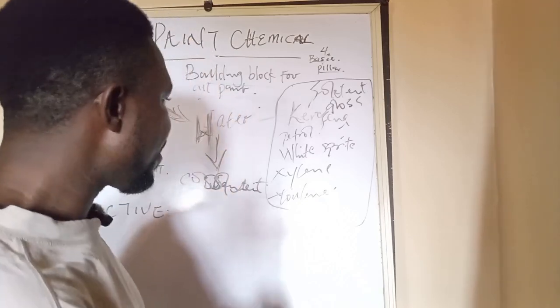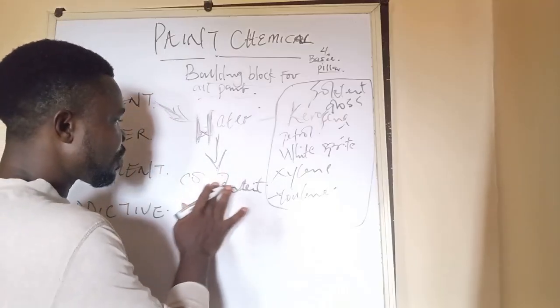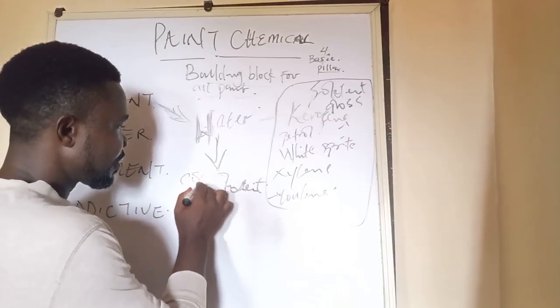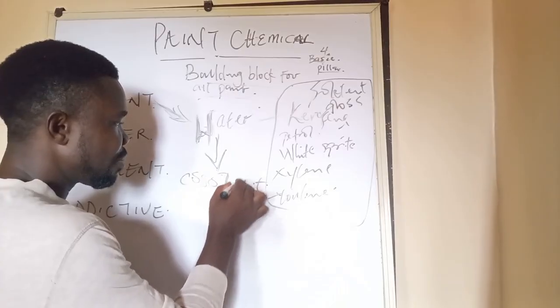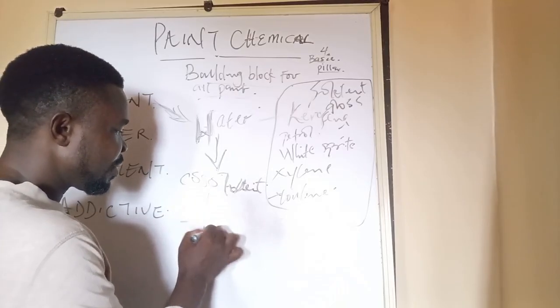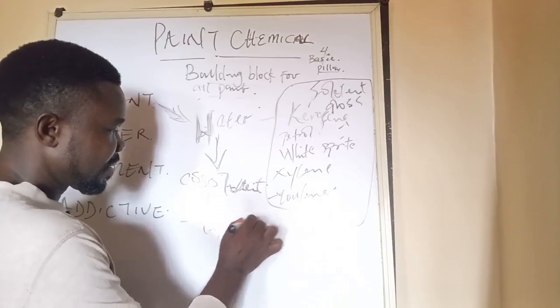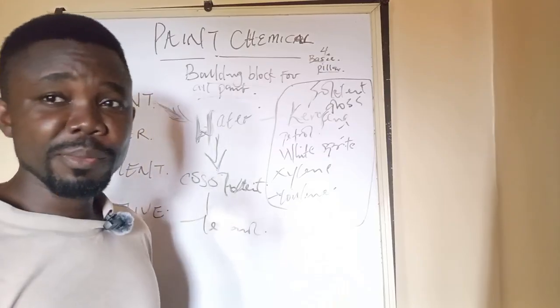What are the examples of co-solvents? We have hexanol. Hexanol is one example of a co-solvent.